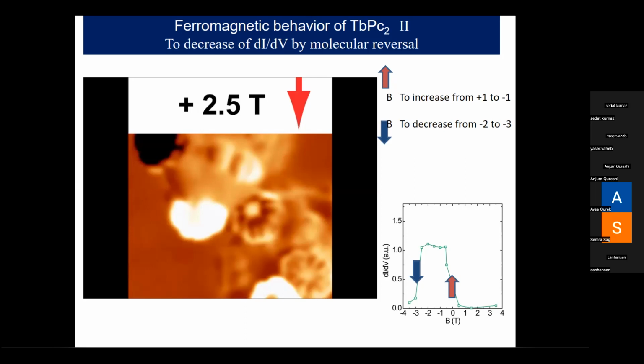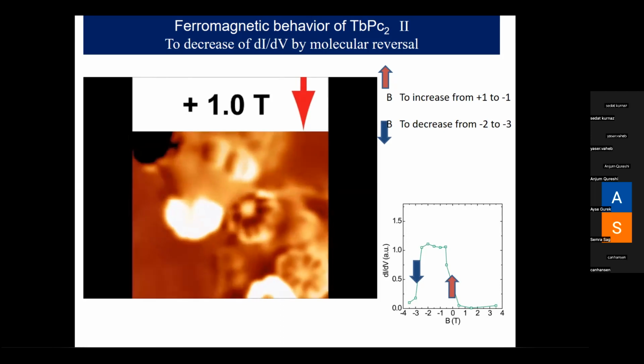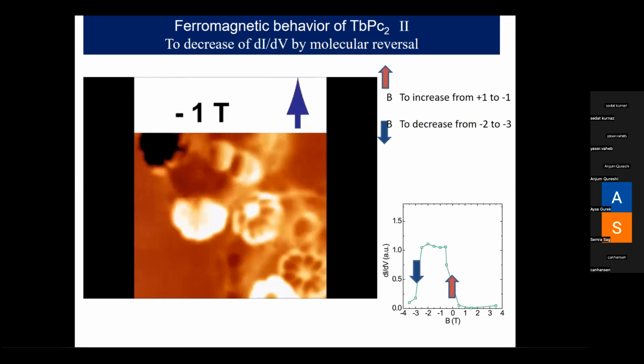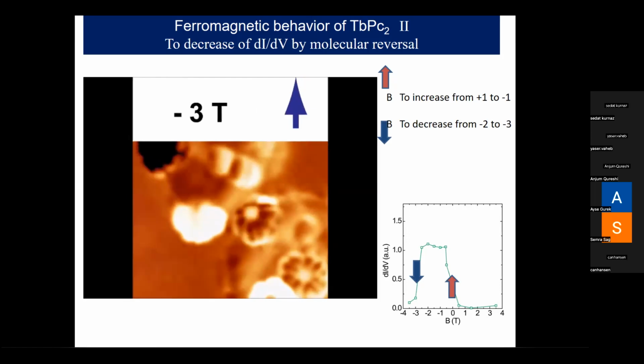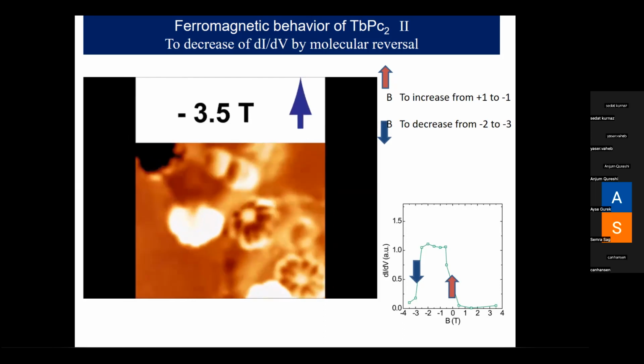Now 1, 0. Now spin up, bright color. Now spin up. Now spin down. We put the information, one spin, into the one molecule.